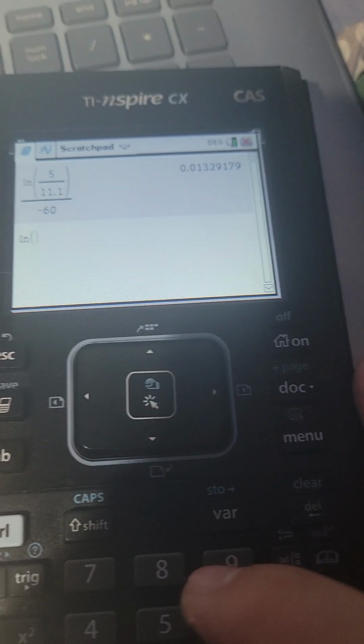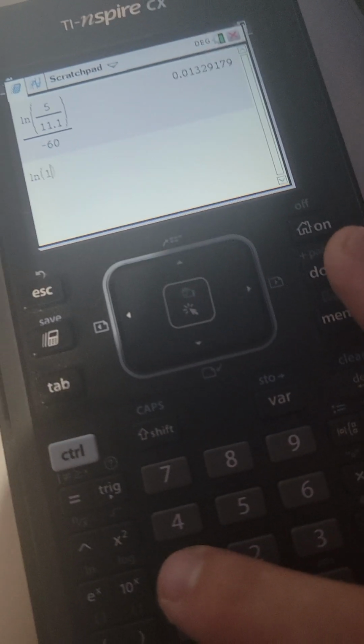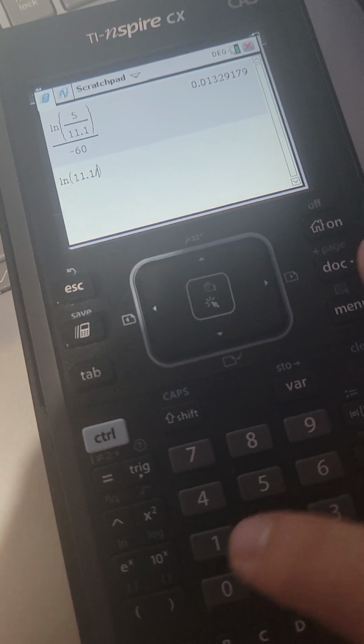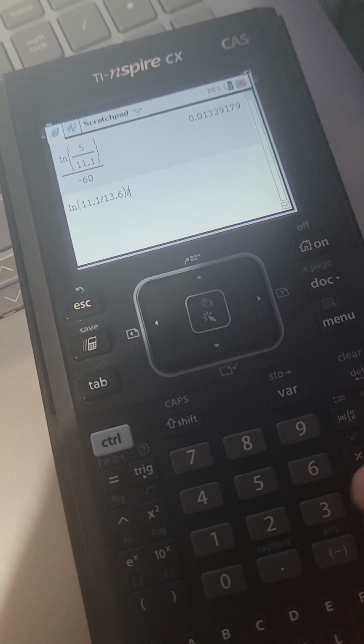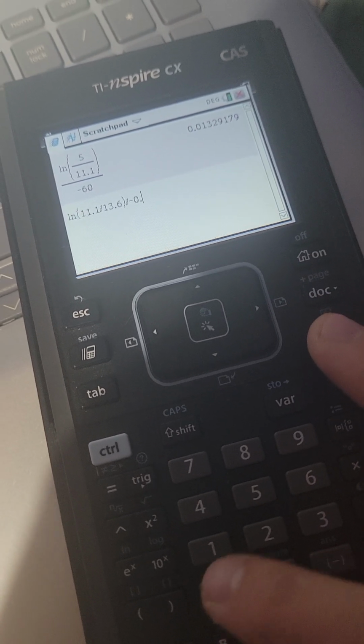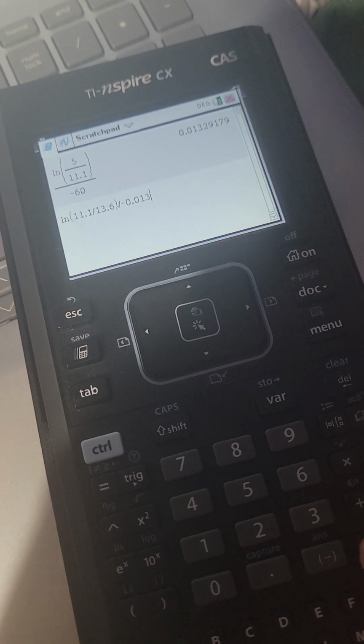Then we divide by negative 0.013 to get t equals 11.1 divided by 13.6, in parentheses, divided by negative 0.013, equals a grand total of 15.6 minutes.